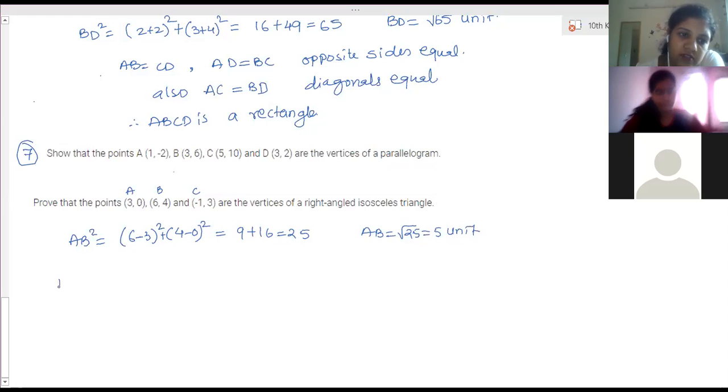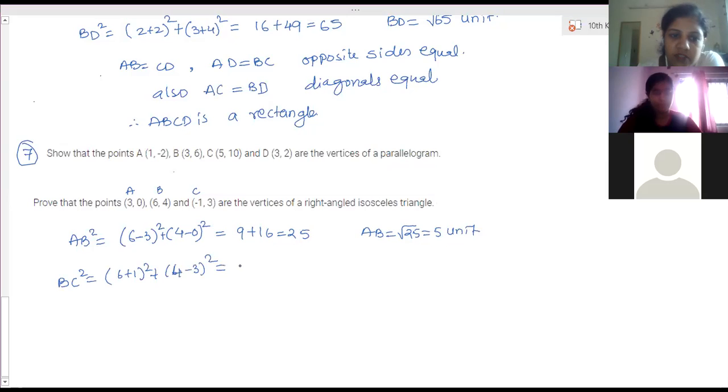Then BC distance. BC square is equal to (6 plus 1) whole square plus (4 minus 3) whole square. 6 plus 1 is 7, 49 plus 1 is 50. So BC is equal to square root 50, which is 5 root 2 units.